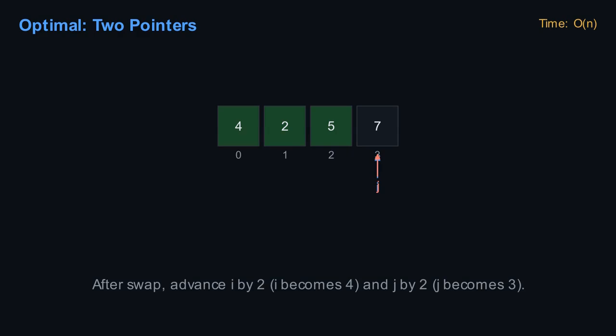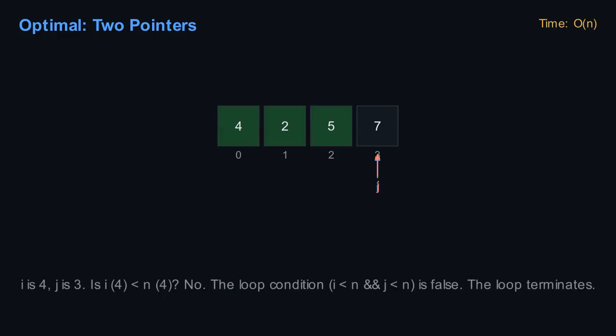After the swap, both numbers are now correctly placed, so we advance both I and J by 2. I becomes 2 plus 2, which is 4. J becomes 1 plus 2, which is 3. Third iteration. Now I is 4 and J is 3. Is I less than n, 4? No, I is equal to n.